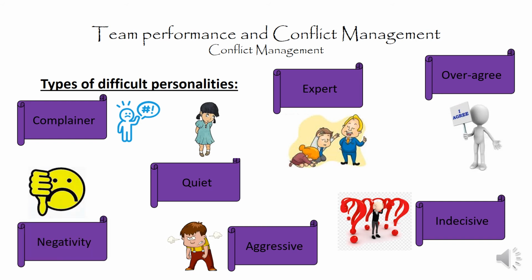We have the negative person, the negative Nelly that's always saying it's not going to work, this is a stupid idea. We have the expert, we all know one of those, they always know everything and whatever you know, they know better. We have the quiet people, the introverted people that don't ever seem to say much. And then we have those aggressive people that will attack people, for example, verbally, if they don't agree with what they say.